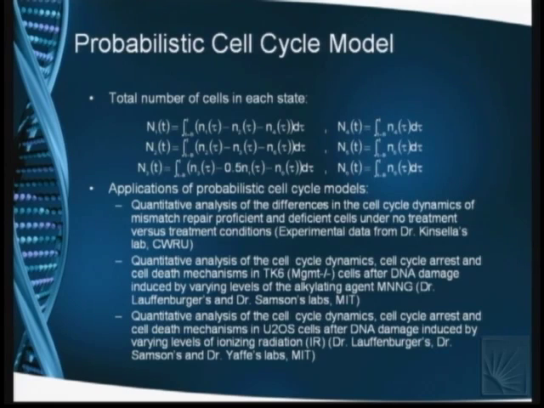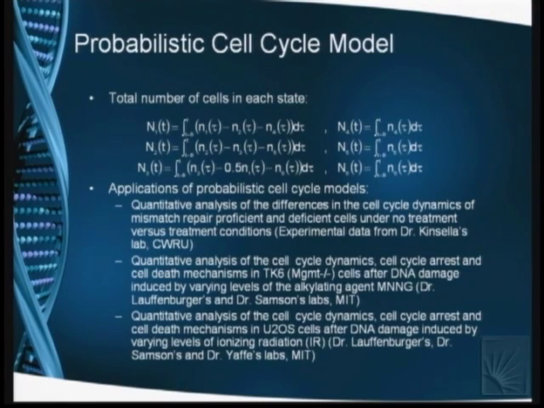TK6 cells are human lymphoblast cells, actually bone marrow cells. They also want to know how this drug induces cell cycle arrest and cell death mechanisms, because they don't know from which cell cycle state the cells are dying most. So we will use our models to come up with different scenarios of cell death, and they will go back and experimentally verify the findings of the model.